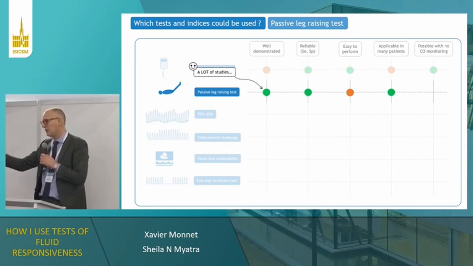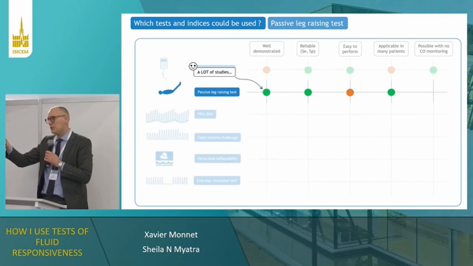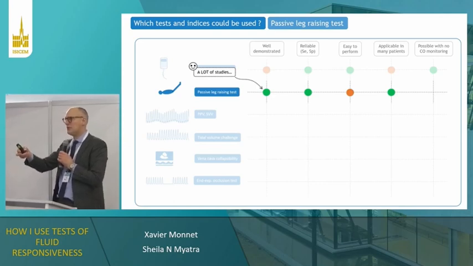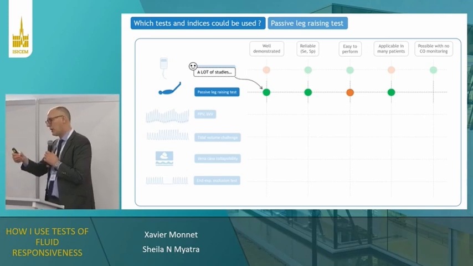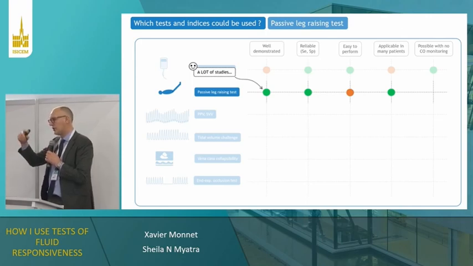So echo is okay, PiCCO, Vigileo, or you can use some newer but also more interesting ways like a decrease in pulse pressure variation, meaning that you don't need any cardiac output monitor, you just need an A-line and an arterial curve. Likely it needs more confirmation.